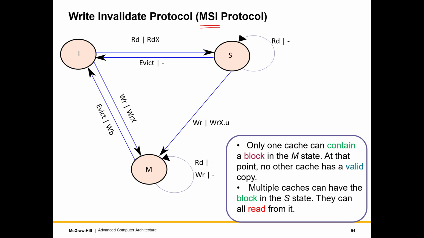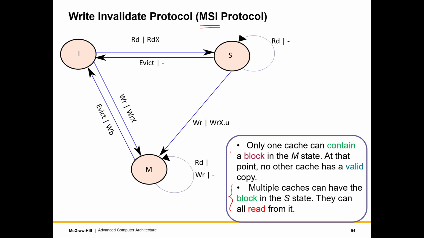So let us first look at the salient points. Only one cache can contain a block in the M state. So for a given block, only one of the caches can have it in the M state, and at that point, no other cache will have a valid copy. However, it is possible that multiple caches can have the block in the S state, and they can all read from it but not write to it, right?